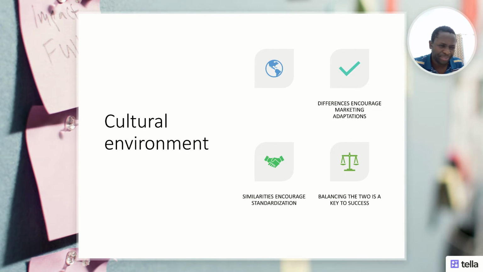The aspects of culture. Global marketers are students of culture. They need to understand aspects of culture on a daily basis, to understand the diversity of culture, and to be inclusive in their nature, because once you understand the diversity of culture, you need to be inclusive.